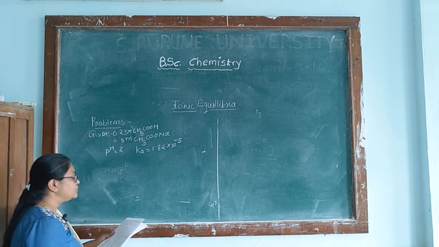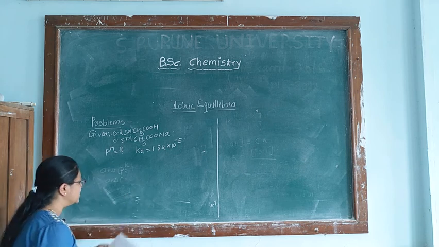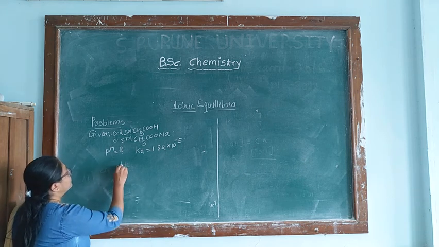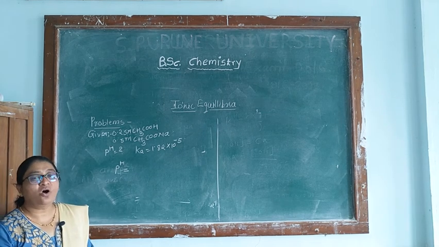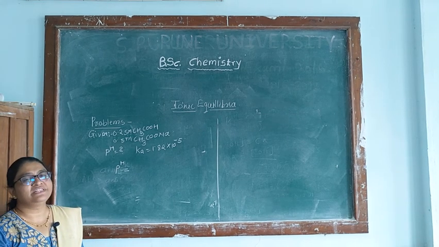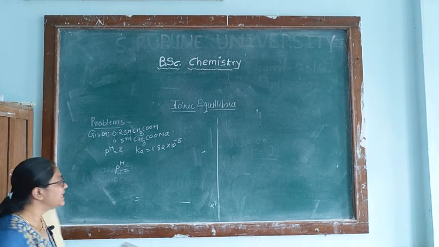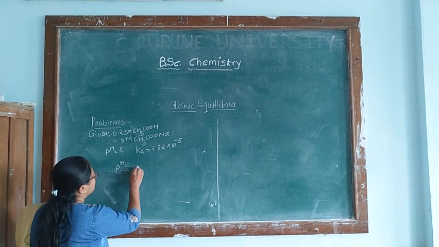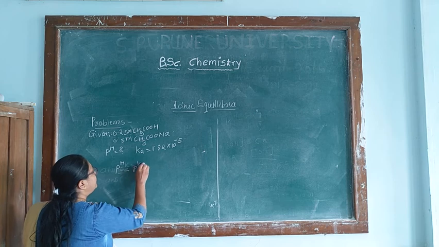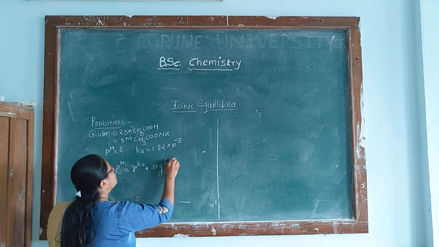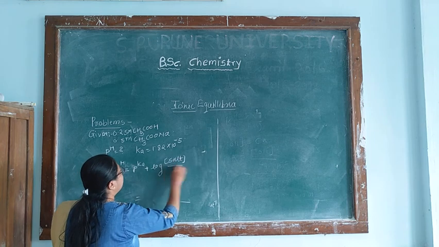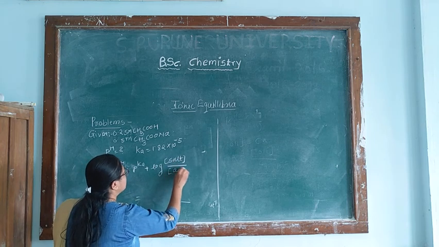Now we want to calculate pH. For the pH of the buffer of the weak acid mixed with its strong base, the formula is pH is equal to pKa plus log of concentration of the salt divided by the concentration of the acid.